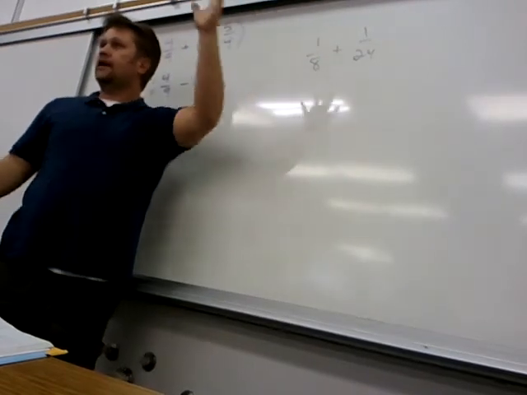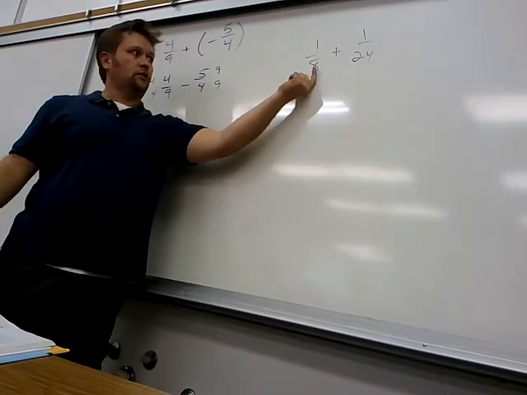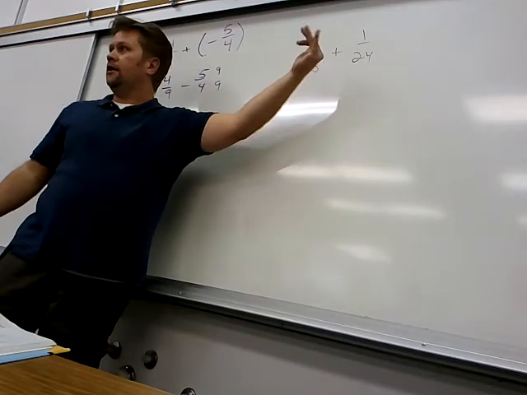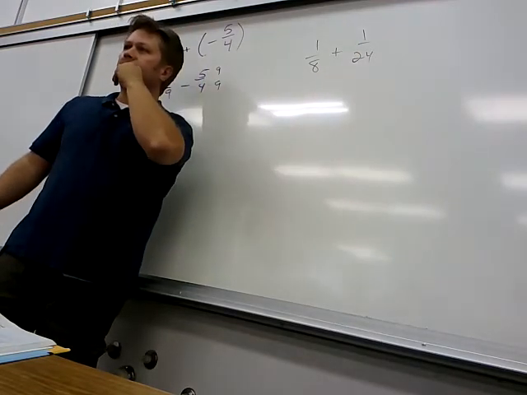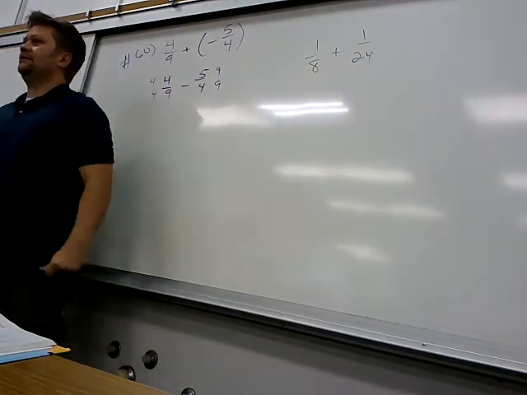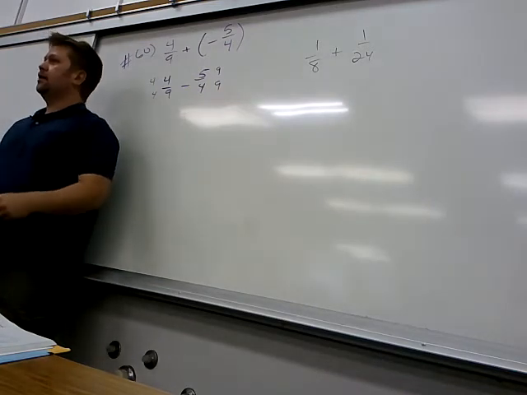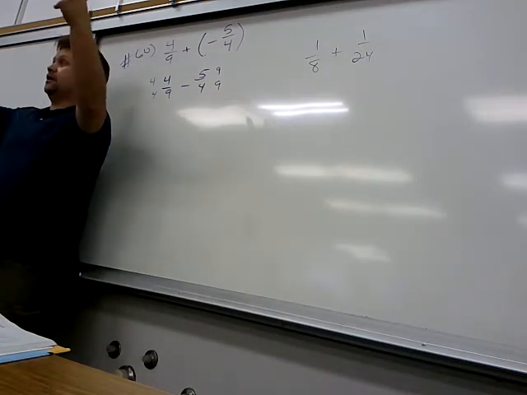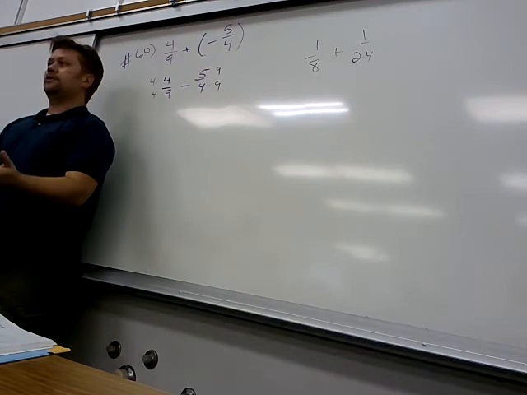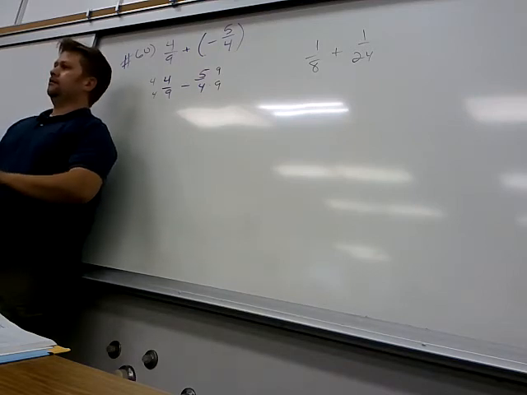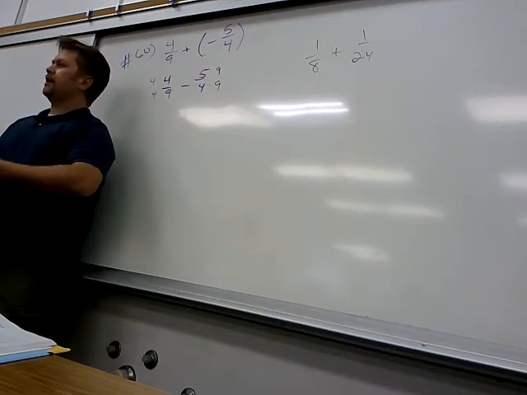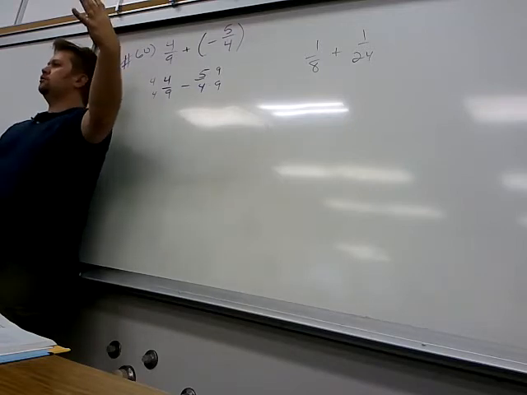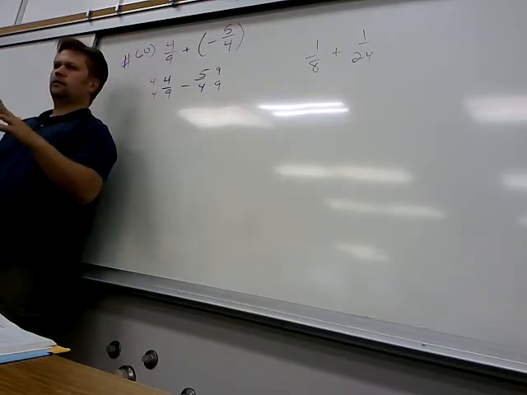Do you guys see how that would work? They would both have a 24 times 8 on the bottom then. Is that the LCD? No, that's just a CD, right? It's just a common denominator, not the lowest. Will it still work? Of course. You just got really big numbers that you have to reduce at the end. LCD is just to help us not have to reduce so much and not have such huge numbers to work with, right? How we doing?